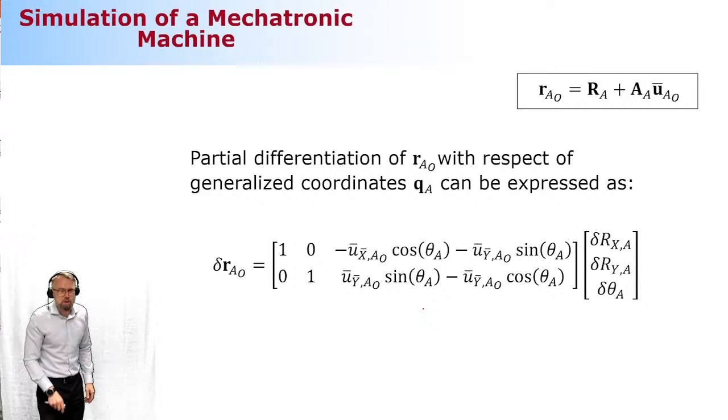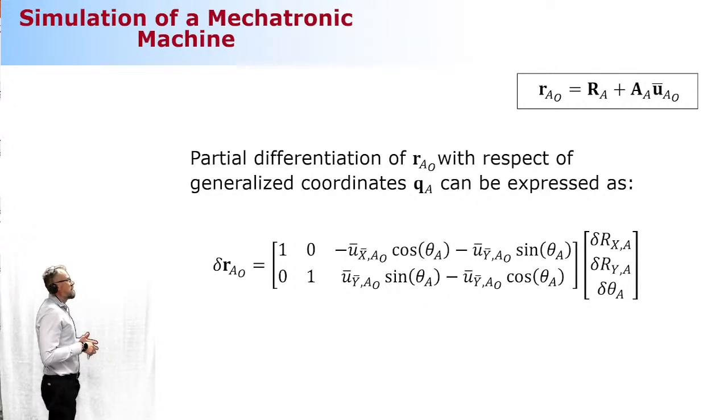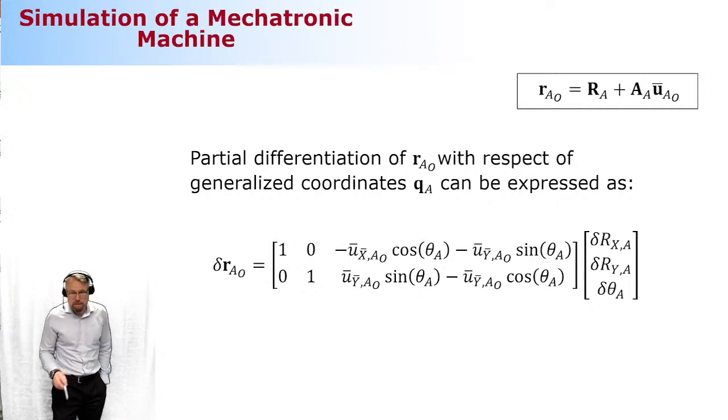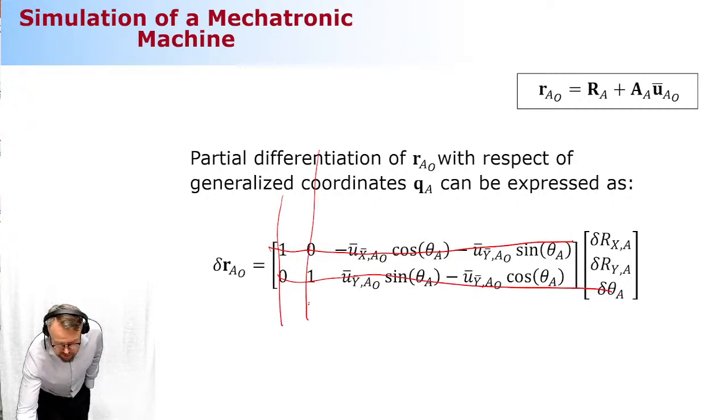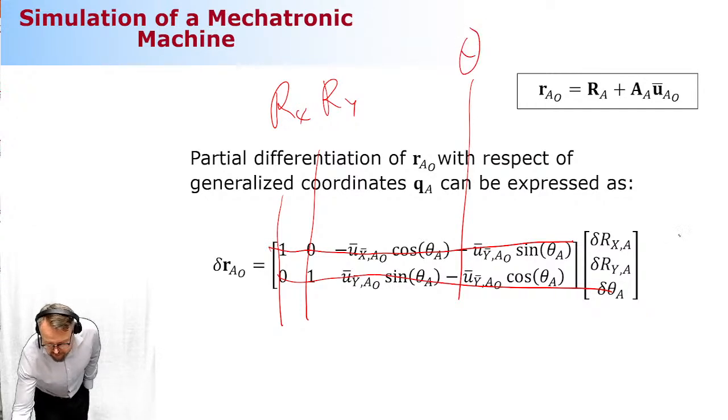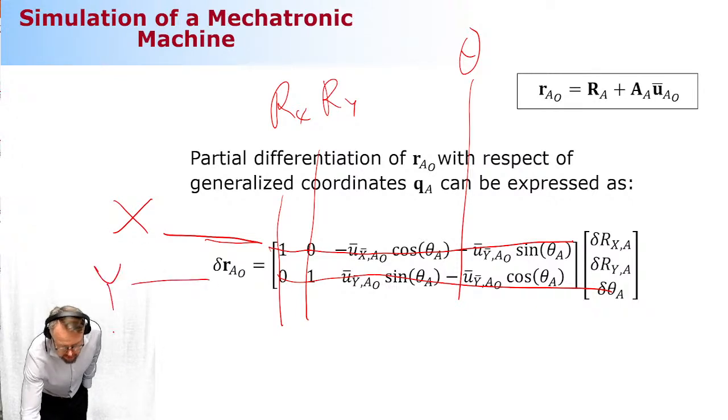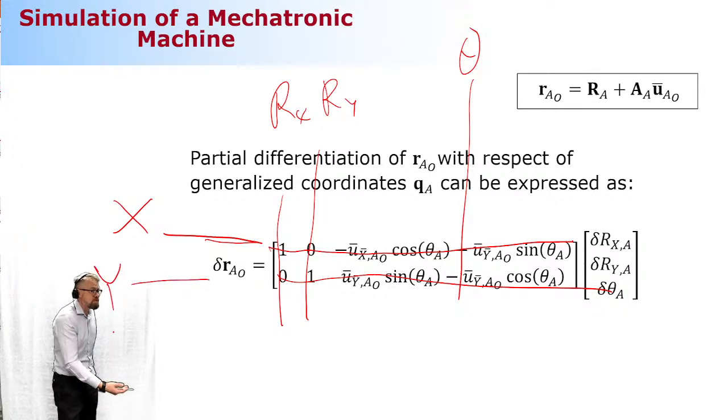If we look at the details and do the partial differentiation, which I'm not showing in detail here, so you can take a look at the lecture notes, it gives you a matrix consisting of two rows and three columns. These columns are associated with Rx, Ry, and angle theta, and the rows with the X and Y coordinates of our global coordinate system.